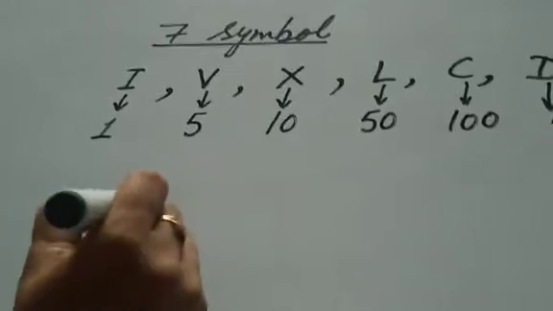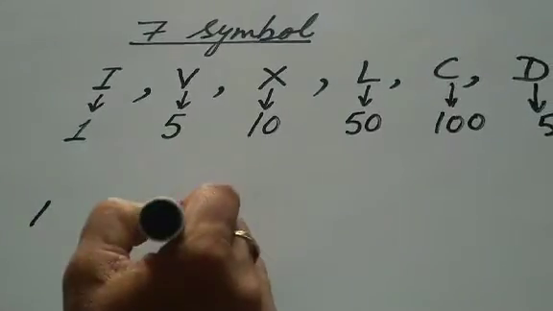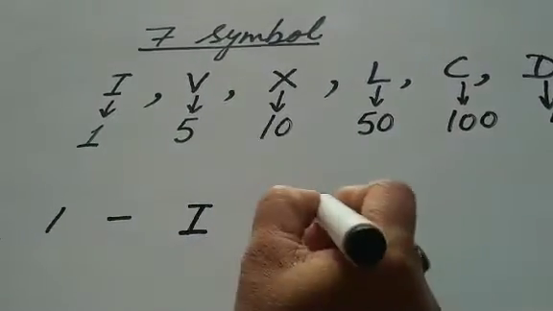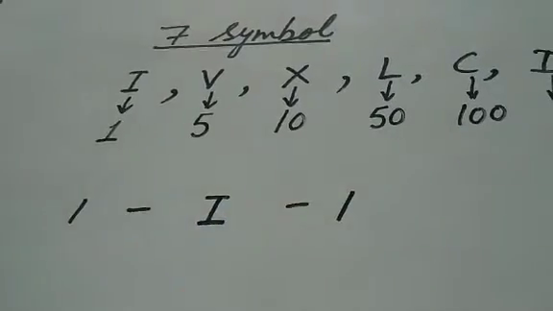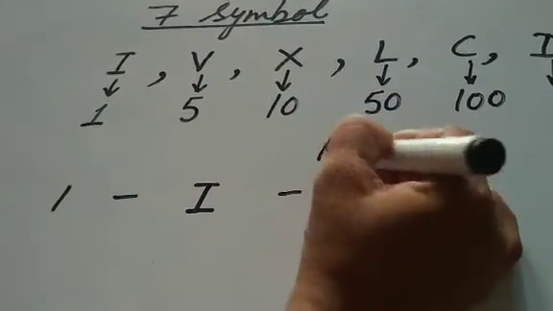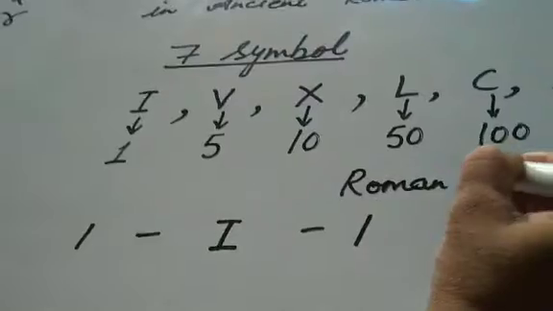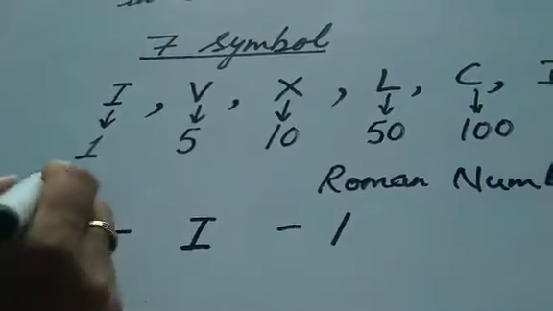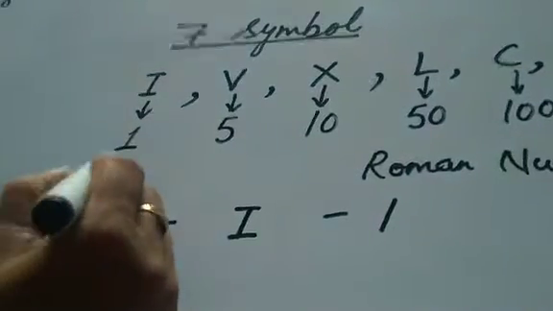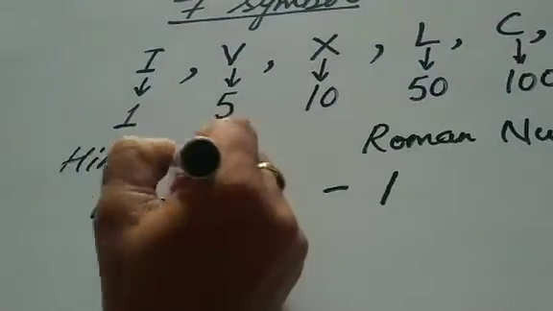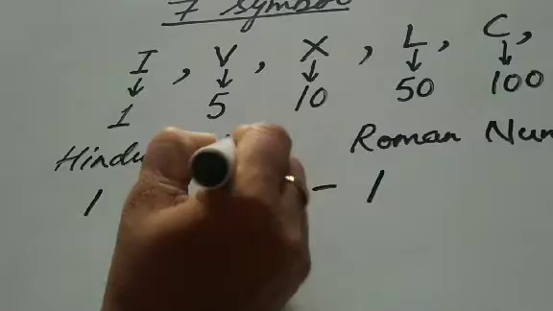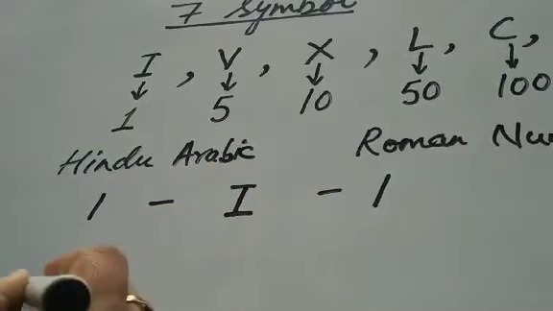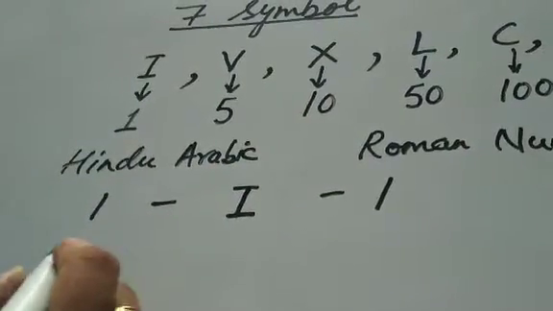Now, if I want to write 1, you have to write I in the Roman system of writing. And now listen, beta. Then 2.